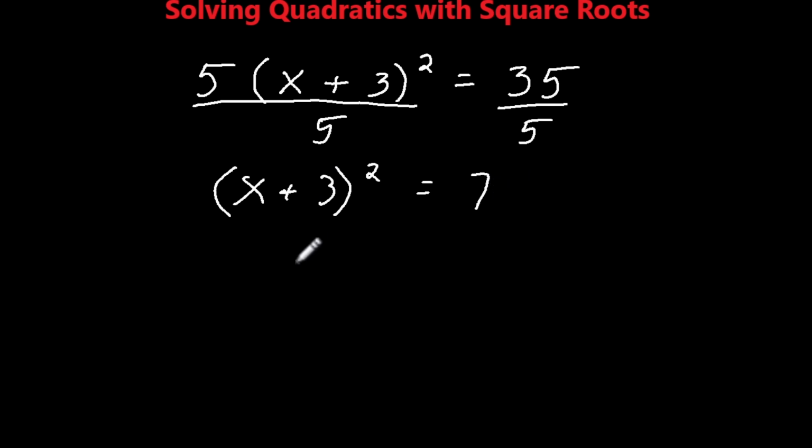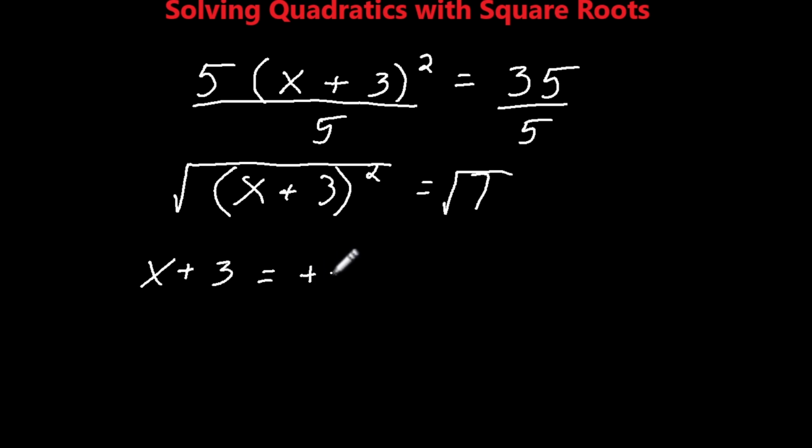So what I'm going to do is I am going to take the square root of both sides, and what I get is x plus 3 equals positive rad 7, and x plus 3 equals negative rad 7. The next thing that I need to do is move the 3 to the other side.